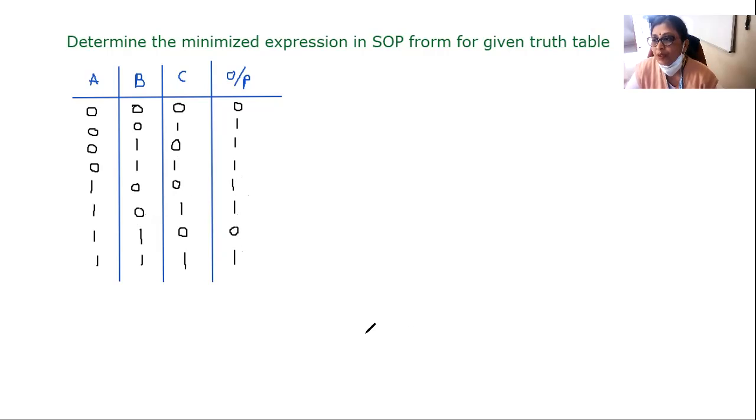So this truth table indicates some logic function. Okay. So we have to simplify this logic function and we have to find the simplified Boolean expression for this logic function. And we have to draw the simplified logic diagram for that.